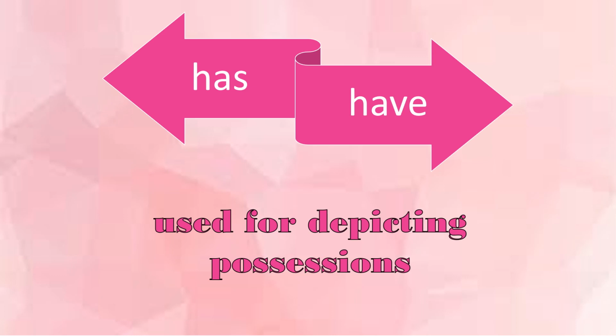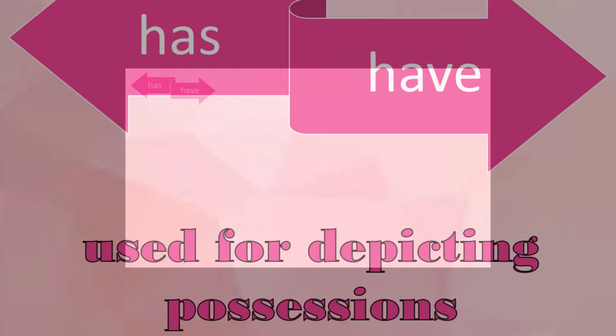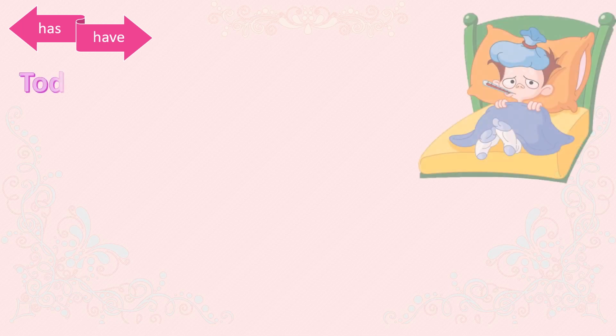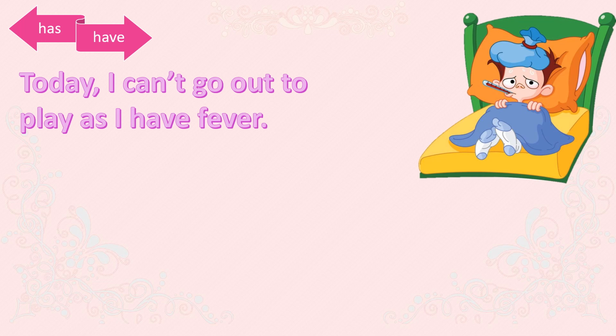Let's discuss some more uses of has and have. Can we use has or have somewhere else? Look at the first example. Today, I can't go out to play as I have fever. Now look at this, have fever.